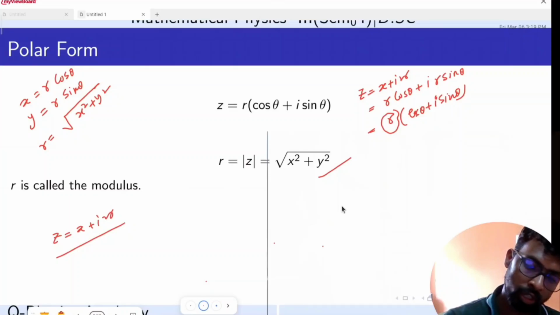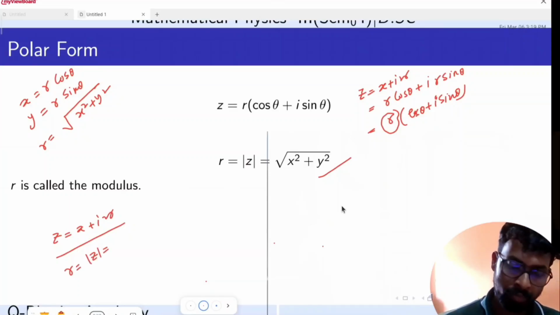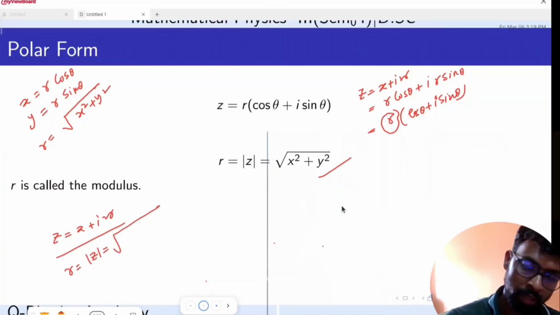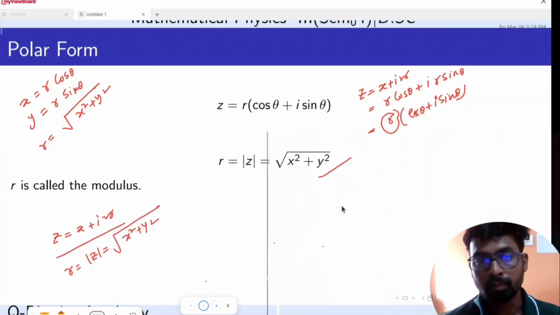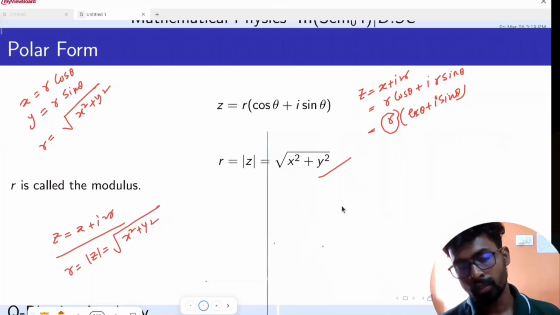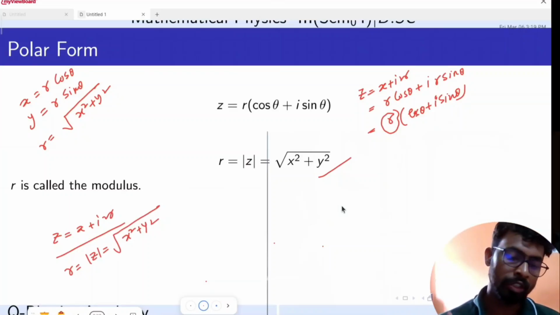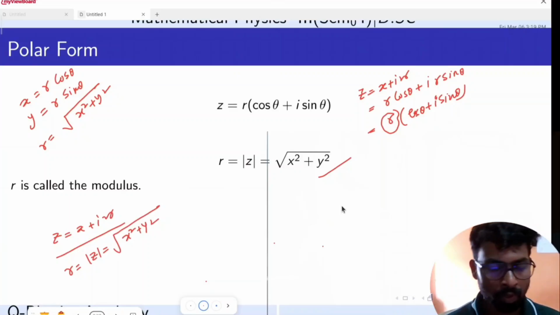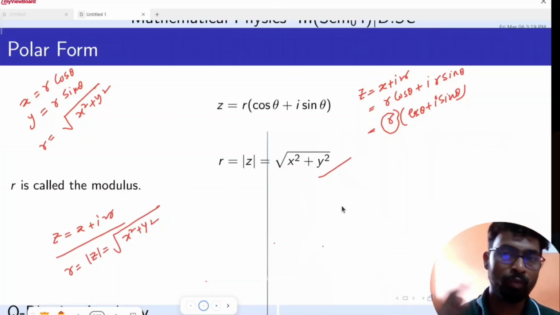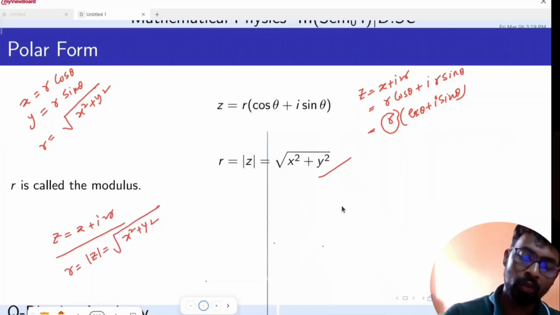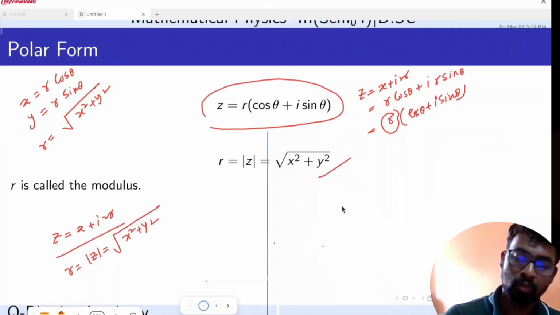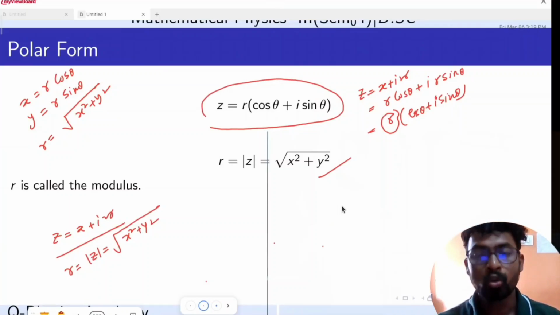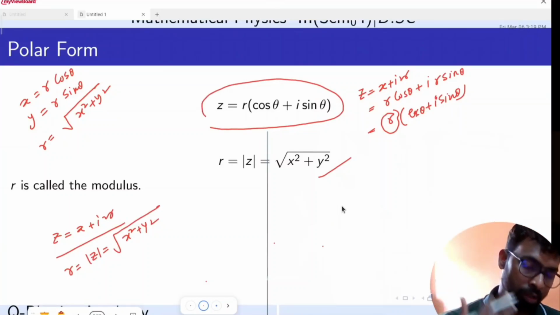Then you first calculate r, which is nothing but the modulus of the complex number z, that is the square root of x square plus y square, and you get some constant value. Then it is multiplied with cos theta and sin theta, and you convert x and y into the polar coordinate system, and then you can find the complex number in polar form.